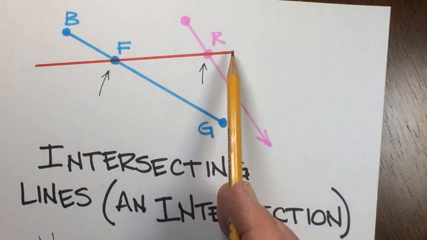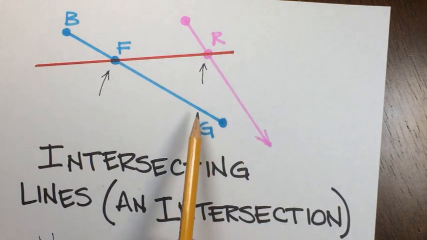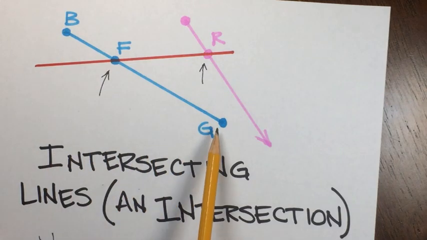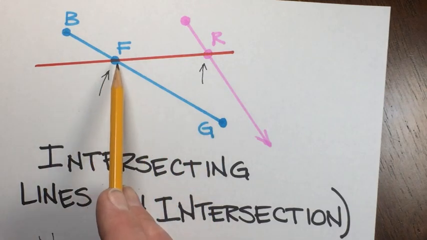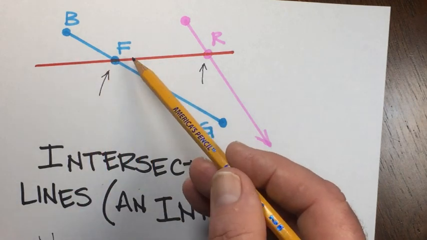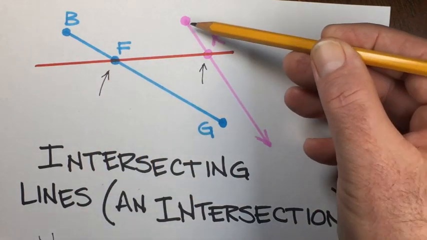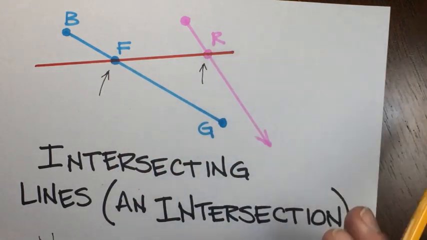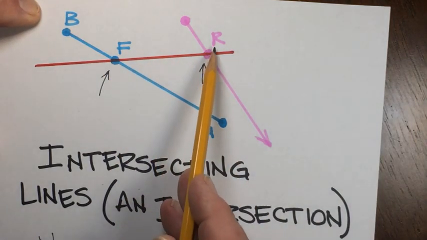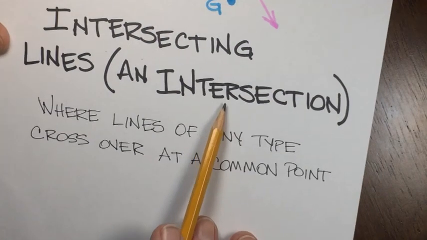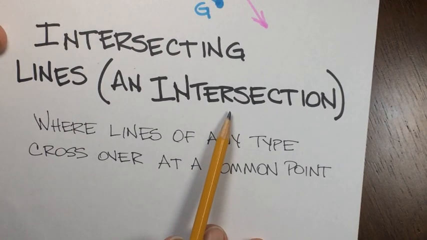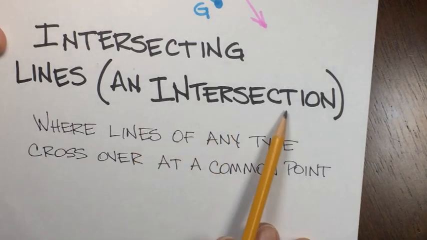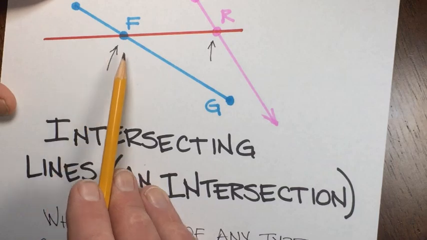This red line here, we have a line segment, we have a ray, and you can see that this line segment BG is crossing this line here at point F, and this ray here is crossing this red line at point R. So where they cross each other, that's called an intersection. You may remember that word from traffic or on the streets. An intersection is where two streets will cross each other.